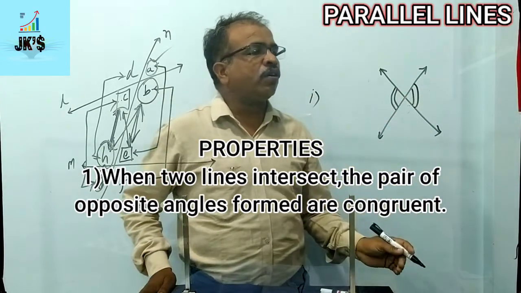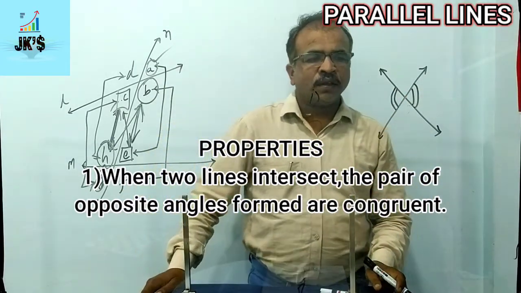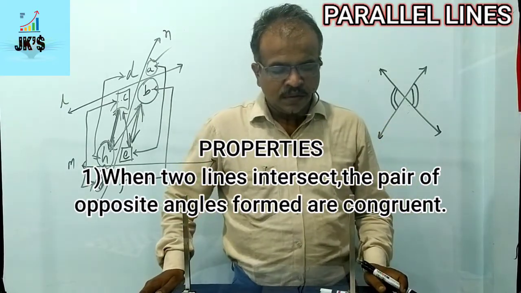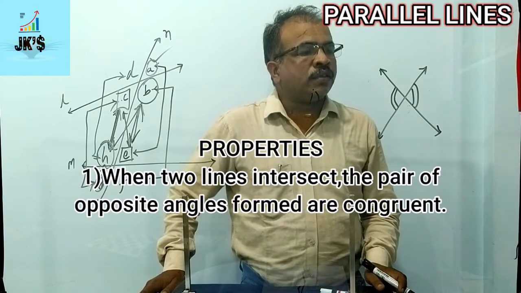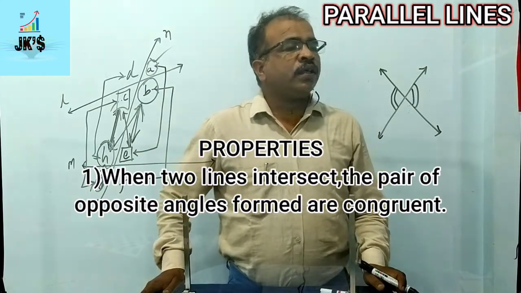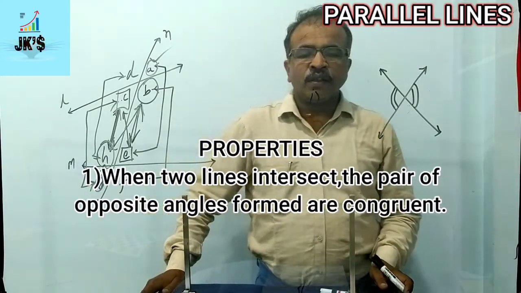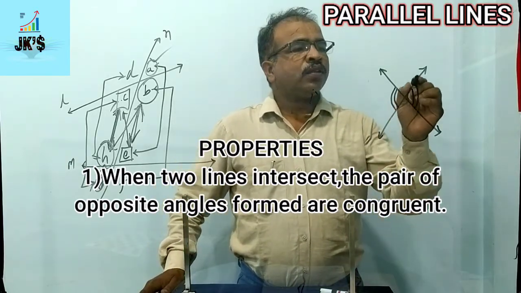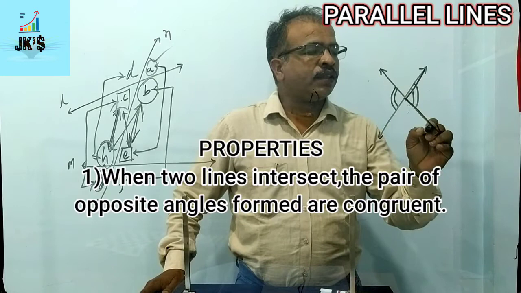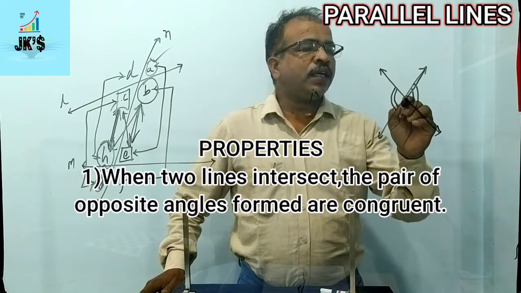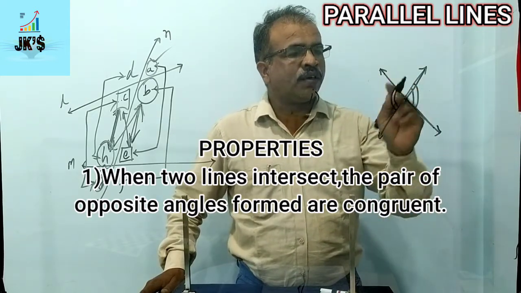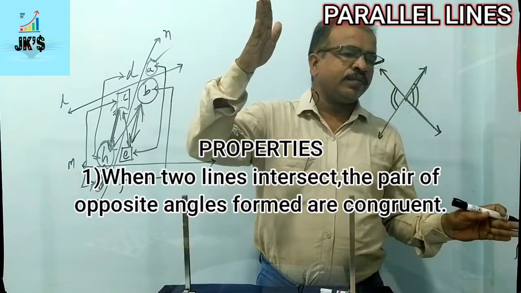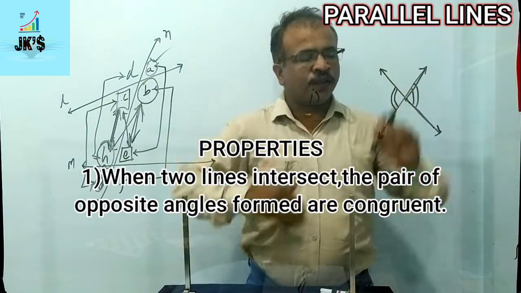What is the definition of opposite angles? When two angles are such that their sides form two pairs of opposite rays. This side of this angle and this side of this angle are opposite, and this is also opposite.